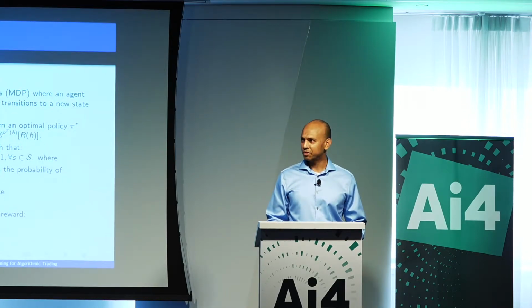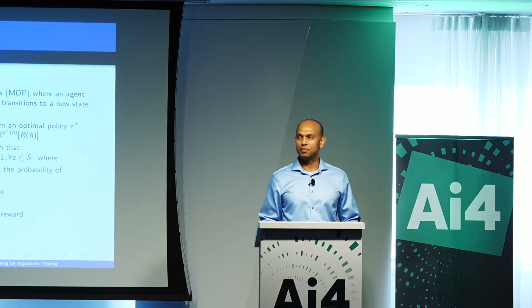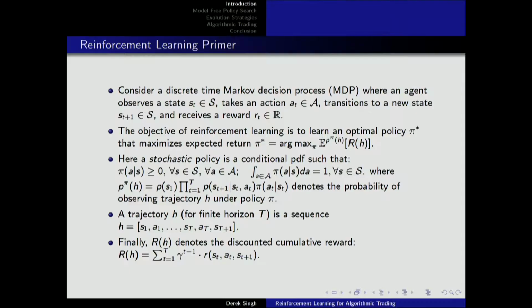The idea of reinforcement learning is to try to learn an optimal policy. We use pi here typically to denote the policy, star meaning optimal, that maximizes expected return. So take the expectation under this transition measure, p, which is determined by your policy pi, of R of h. R of h is essentially the cumulative return over the time horizon at which you're conducting your experiment.